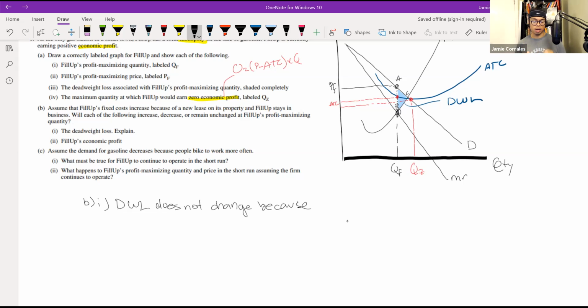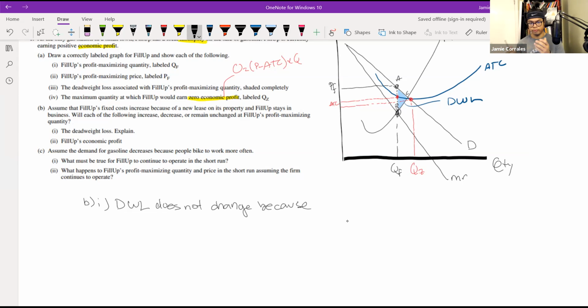for deadweight loss to change, right? The area, how does it change? Well, the location of the marginal cost has to change. And so because marginal cost, right? If marginal costs were to increase or decrease, it would change the optimal allocation of what quantity would be produced in a perfectly competitive market.